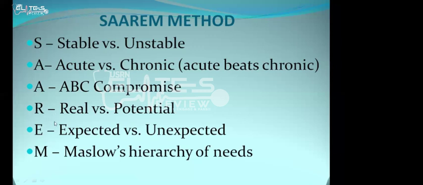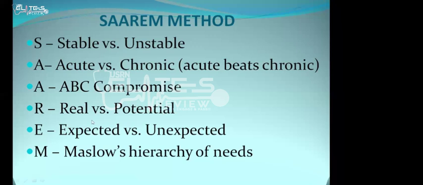Then the R here, you examine whether the symptoms the patient is exhibiting are real or potential. Real here means the patient is now undergoing it, or it's something projected that the patient can experience.